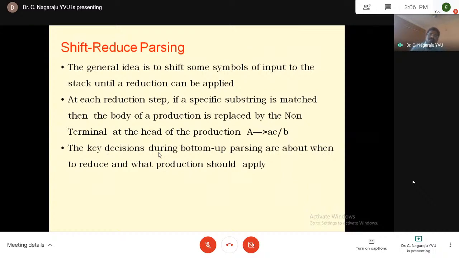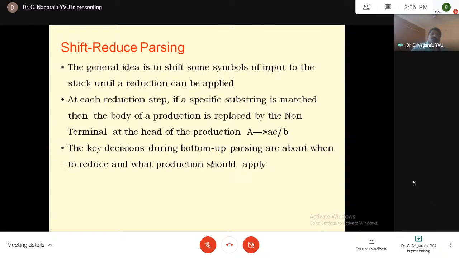The key decisions. In the bottom-up parser, the key decisions are about when to reduce and what production should be applied. That is in the top-down approach, and in the bottom-up approach there are two complicated decisions you have to take.